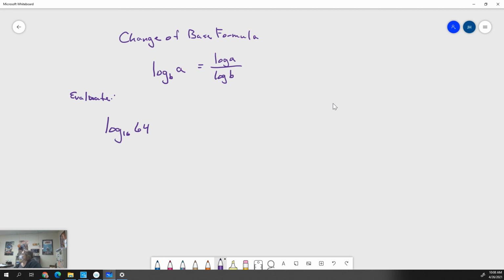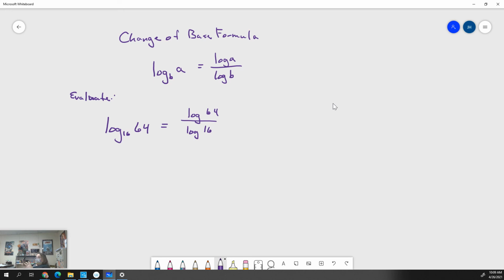Like 16 raised to something doesn't become 64, no solid number. 16 squared does not equal 64, it equals like 200 and something. So I can rewrite this as log of 64 over log of 16. It is a common log. Now we can plug it into a calculator and get a numerical solution. But there's no way to just plug in log base 16 of 64 into a calculator.